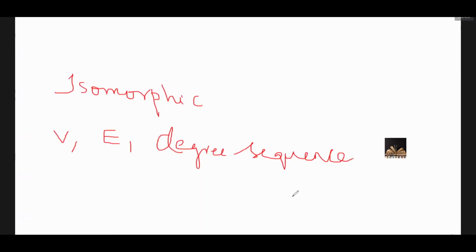Then we'll call those graphs isomorphic. I'll show you the example. Give me a minute, I'll show. I'll draw the diagram.